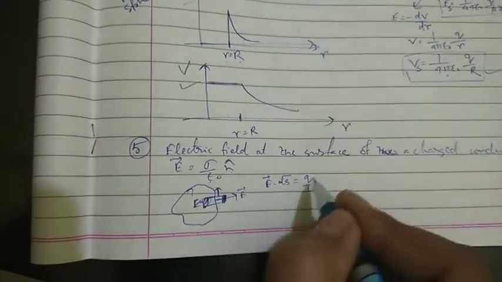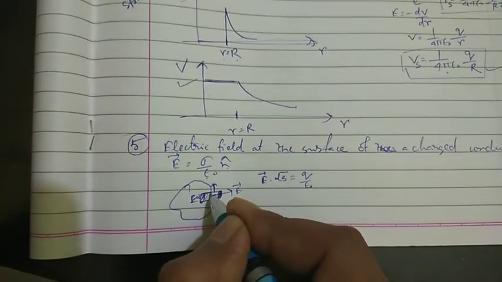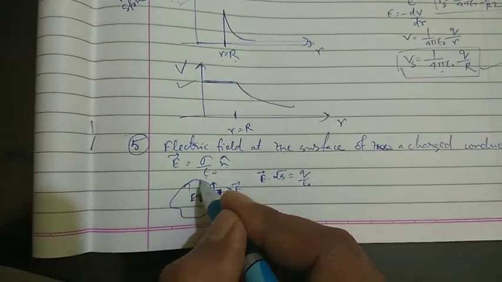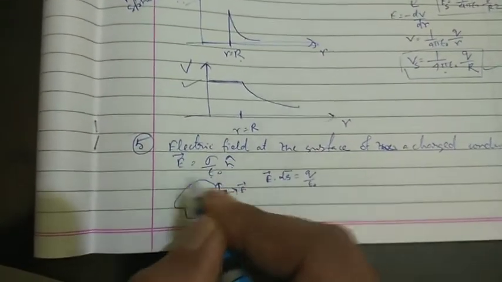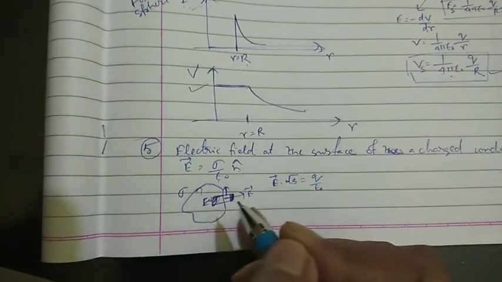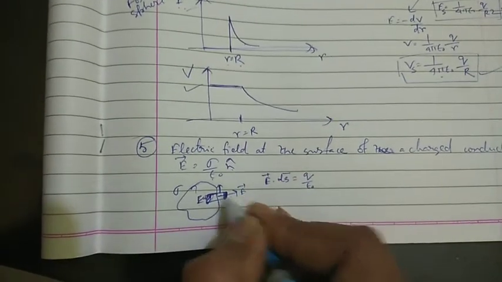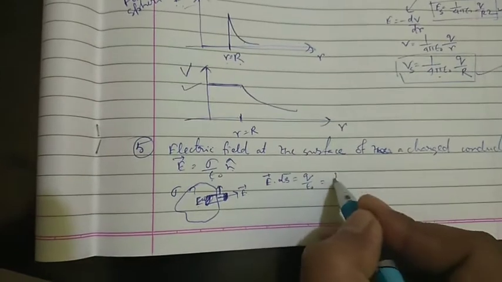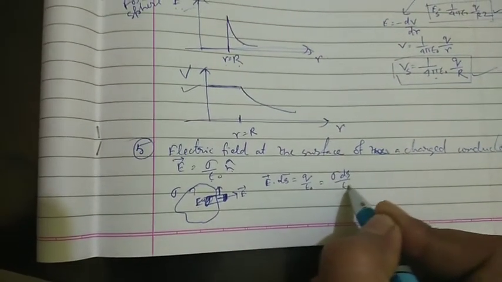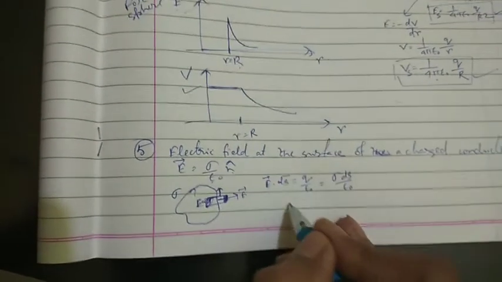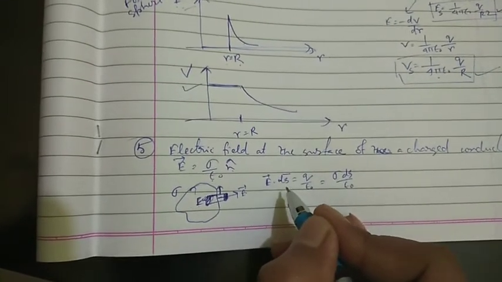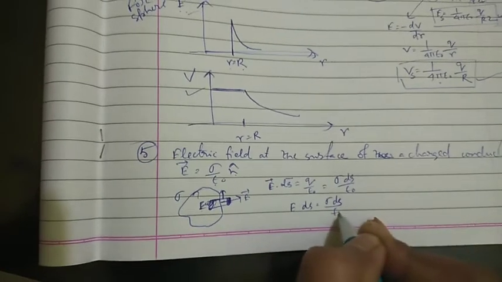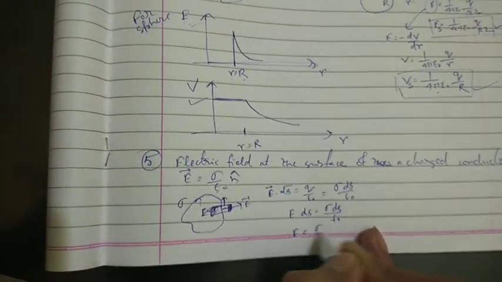Now here q is the charge enclosed by this Gaussian surface. If the surface charge density of this conductor is sigma, and this area say is ds, you can write q as sigma ds by epsilon naught. So E and ds are both in the same direction. So E ds equals sigma ds by epsilon naught, or E equals sigma by epsilon naught.